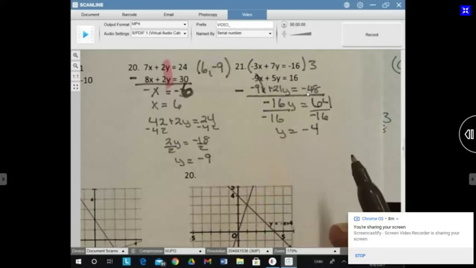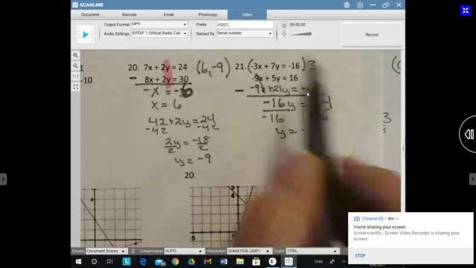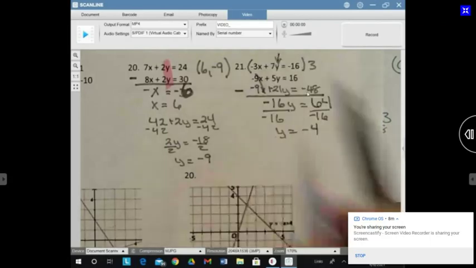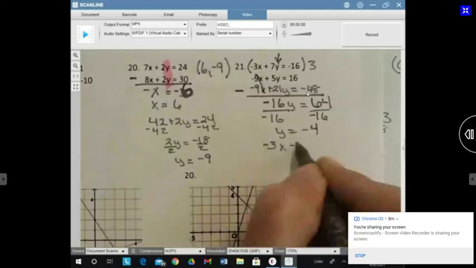So that gives me, I'm going to plug that negative 4 in here, right there. So what is 7 times negative 4? Negative 28. So negative 3x minus 28 equals negative 16.